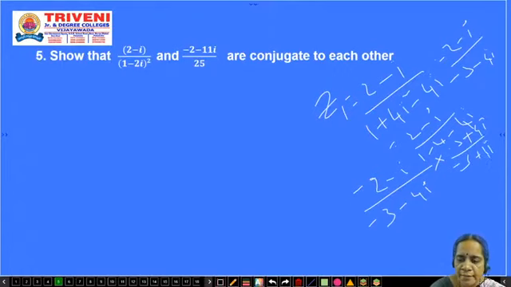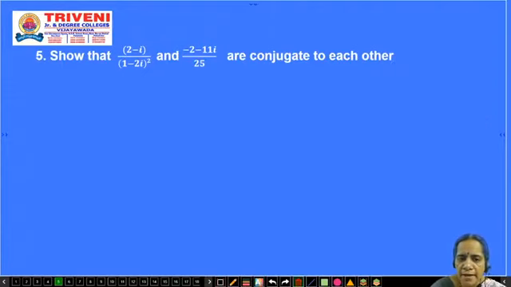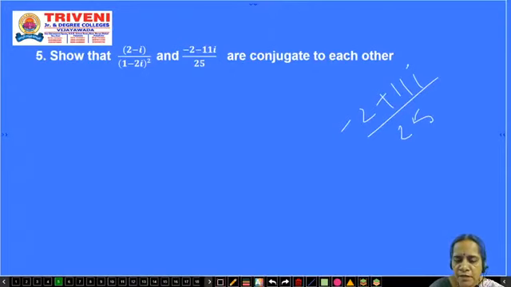We multiply the numerators and denominators. Then what do we get here? Minus 2 plus 11i by 25. Then we see that the value of Z1 is equal to minus 2 plus 11i by 25 and the value of Z2 is minus 2 minus 11i by 25.